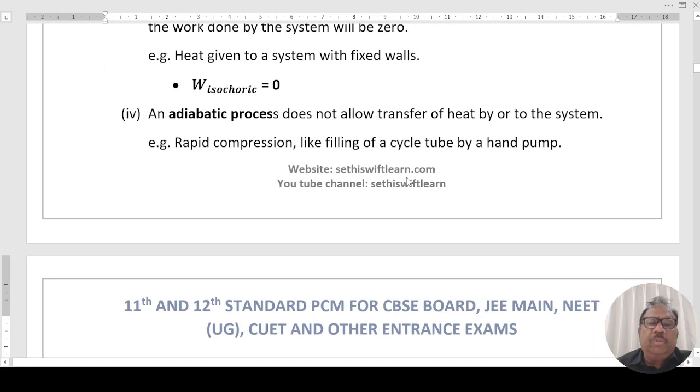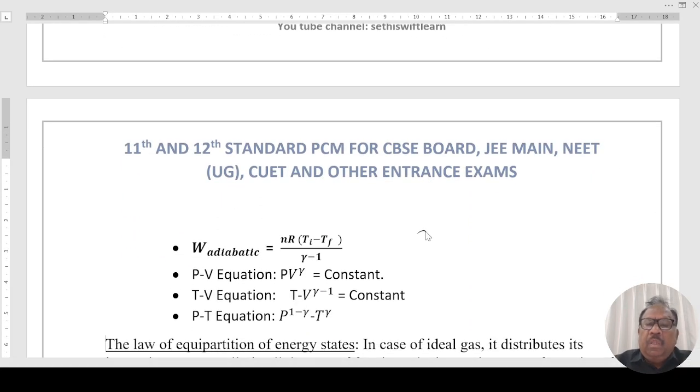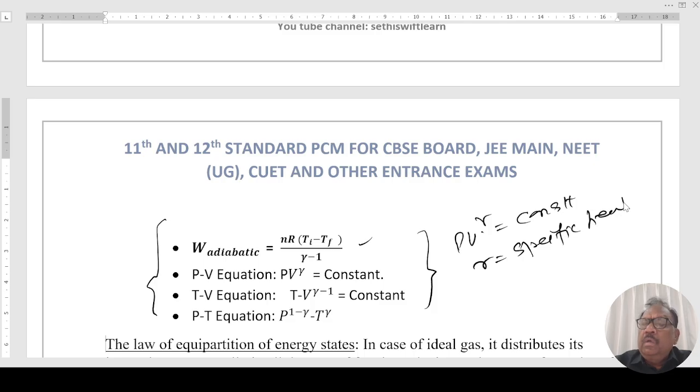In an adiabatic process, these are the concepts applicable. Work done in adiabatic process is nR(Ti minus Tf) upon gamma minus 1. One is the PV gamma equation, PV^gamma equal to constant. This is a very standard equation. Gamma is the specific heat ratio.